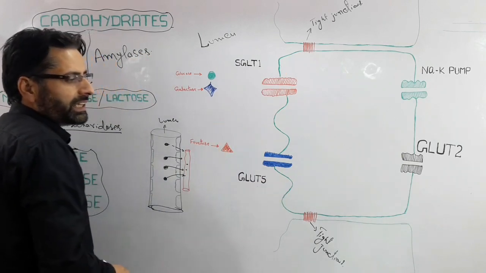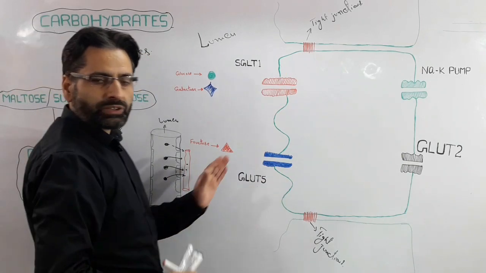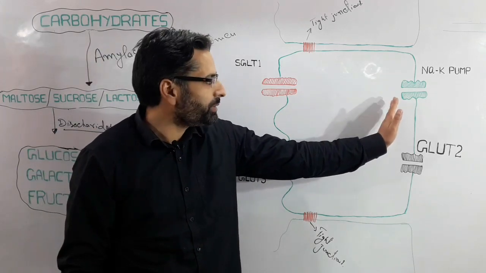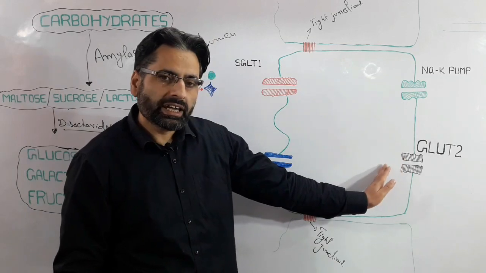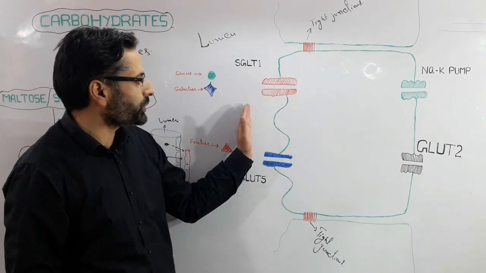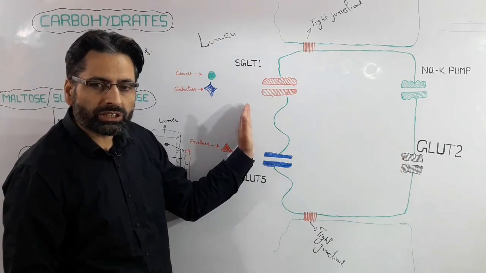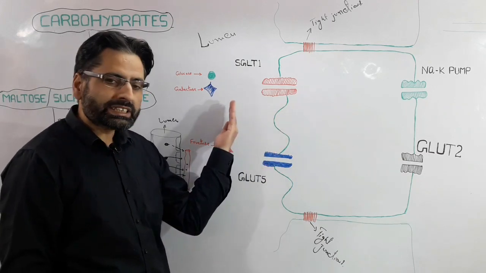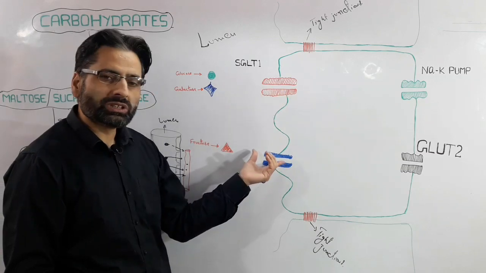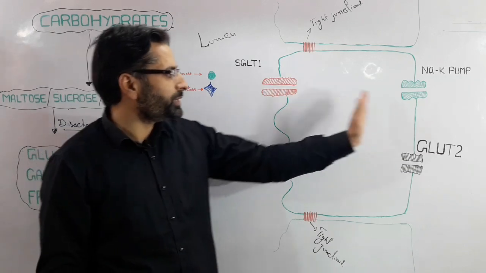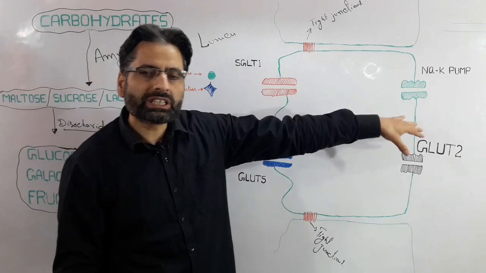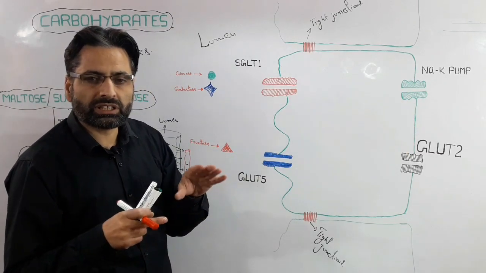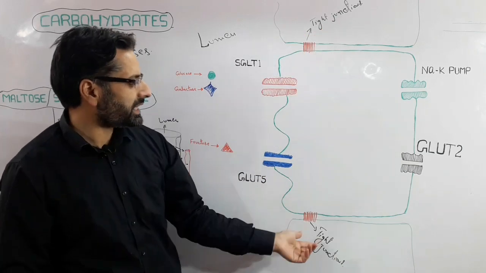This cell is polarized in this sense that we have different set of transporter proteins or integral membrane proteins on the basolateral side, and we have different set of proteins or integral membrane proteins on the apical membrane side. Or you can say towards the luminal side we have different set of proteins present on this plasma membrane, and towards the basolateral side we have different set of proteins. In this sense it is polarized, and this polarization is created by these tight junctions.